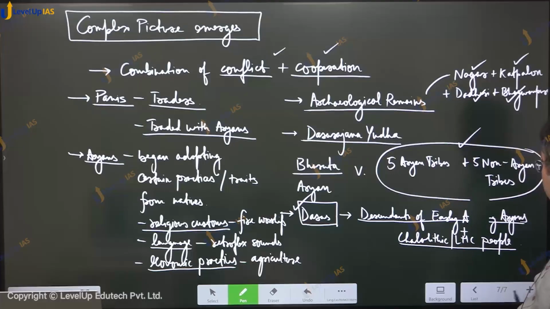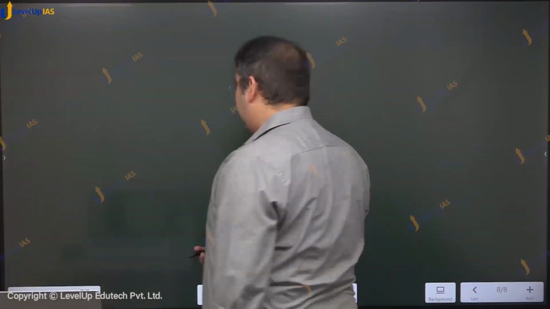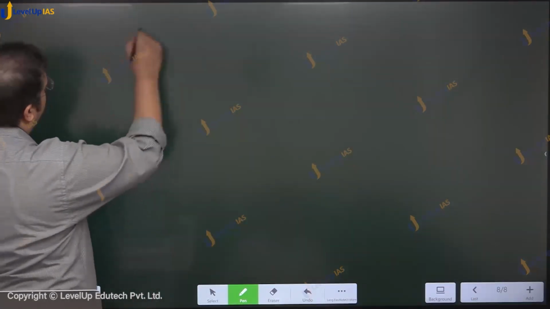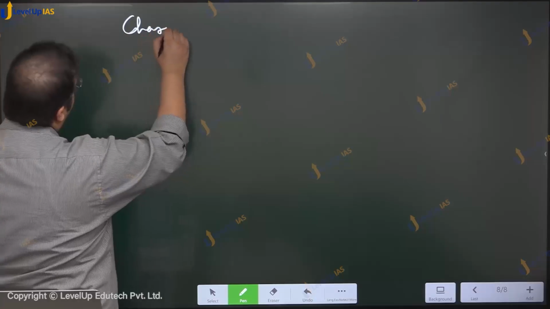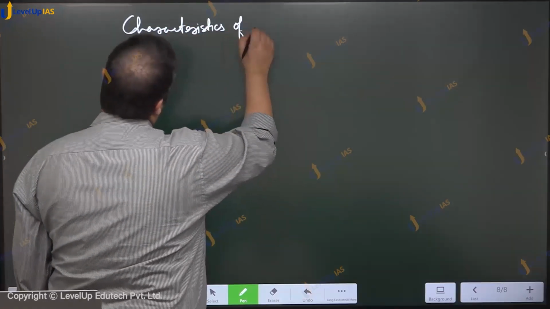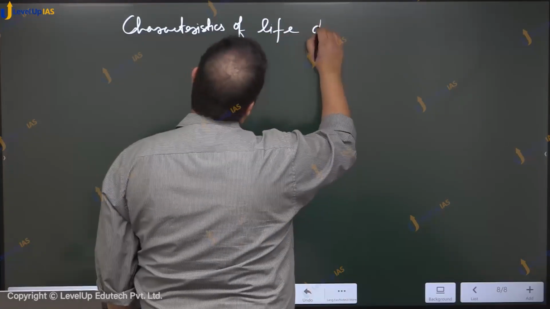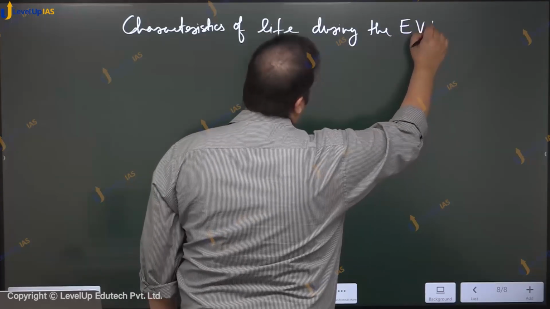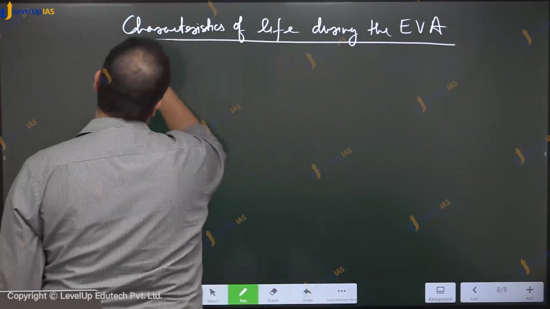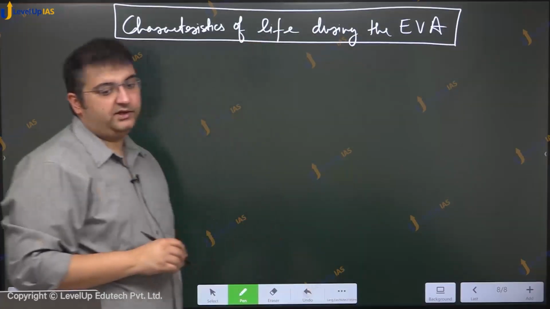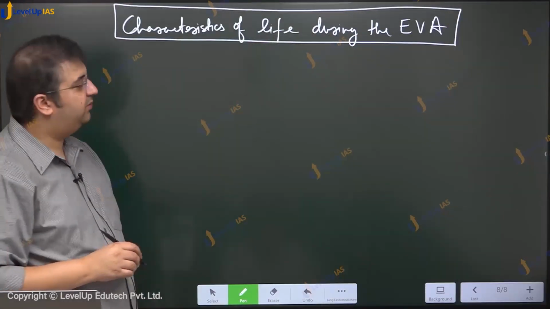ये हो गया the nature of the relationship between the early Aryans and the natives inhabiting the northwestern portion of the subcontinent. Next, we need to talk about the characteristics of life during the early Vedic age. Which aspects of the early Vedic life are we going to explore?